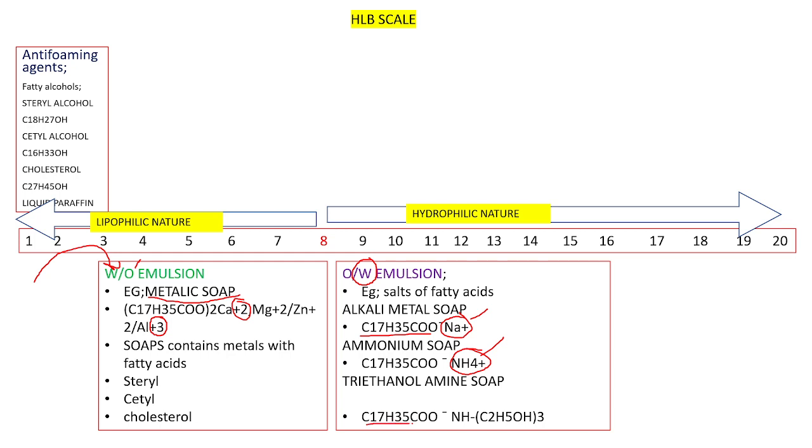This is also a fatty acid, stearic acid, that contains triethanol, three ethanol groups containing amine. We can call it a triethanolamine soap. Why are we using these amine containing compounds, and why are we not using sodium or potassium salts?